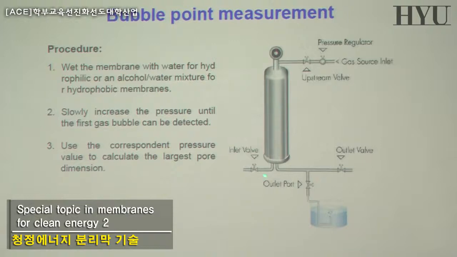After some time, the water will come out. The pressure at which the liquid comes out is the indicator of the size of the pores. If the pore size is large, the water in the wet membrane will come out at low pressure, whereas if it's very small, the water will come out later because of the capillary forces.